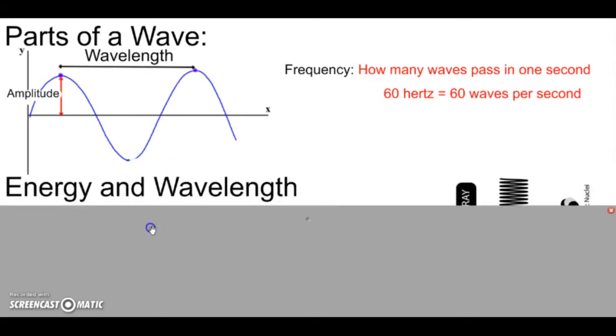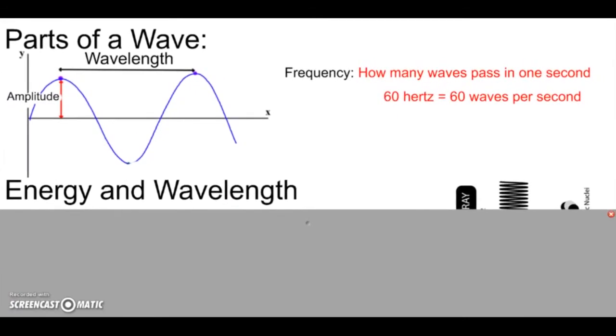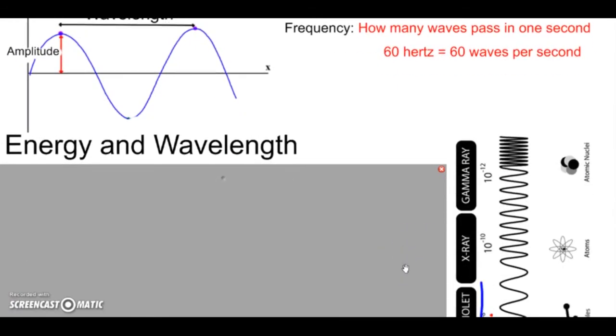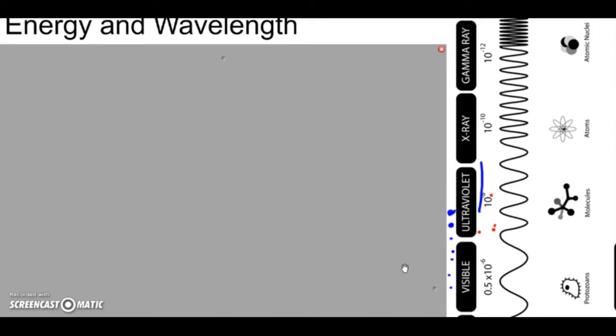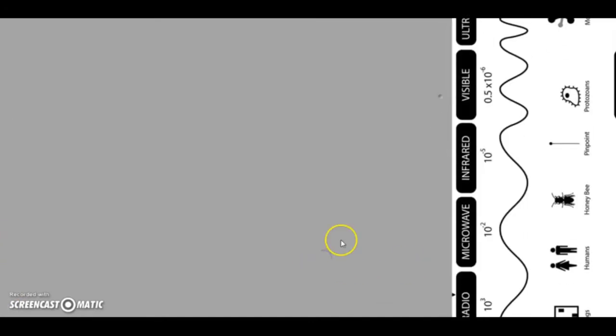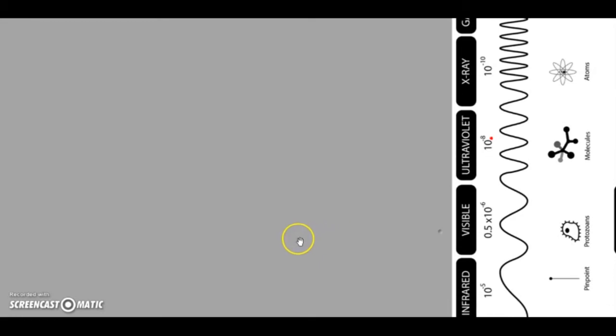Up next, we talk about energy and wavelength and how those fit with these different things that we have along the side of the screen here. The first thing you'll see in your notes is that I have a down arrow right here on the edge of the page, going down, down, down to the bottom of that graphic, way down here at the bottom when we get down to radio waves. As we are going down this length, we are increasing in wavelength.